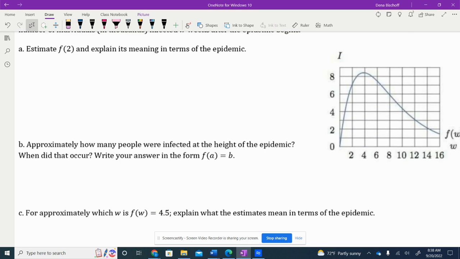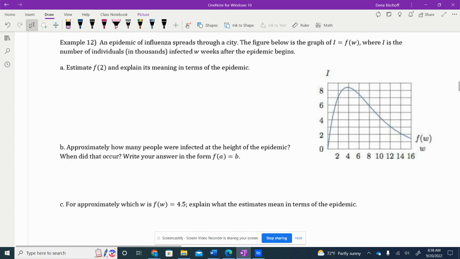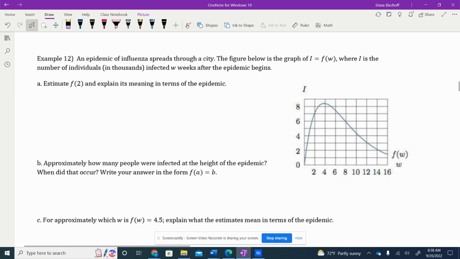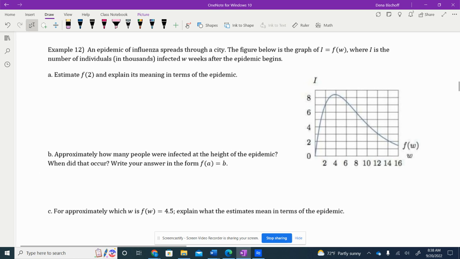Okay. Flip it over. We're almost done. We have one more example. So example 12. We have an epidemic of influenza spreading through a city. The figure below is the graph of I equals F of W, where I is the number of individuals in the thousands affected, and W is weeks after the epidemic begins.